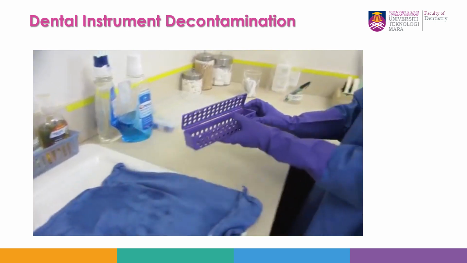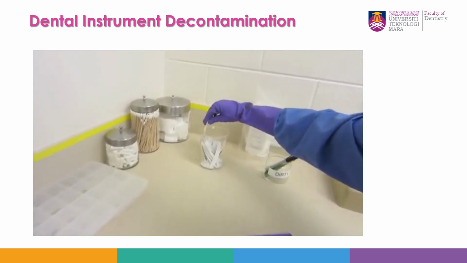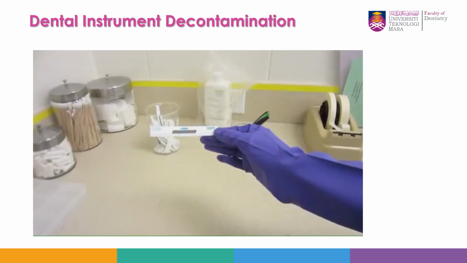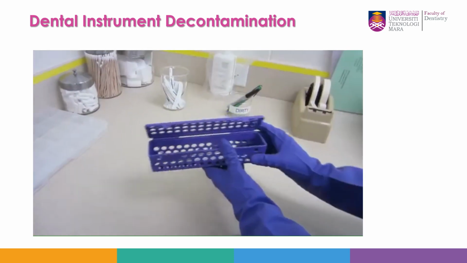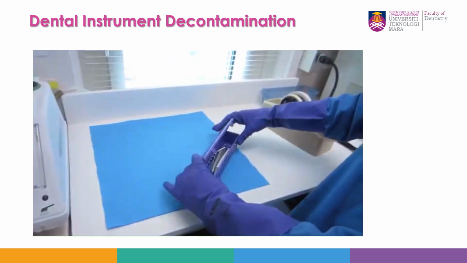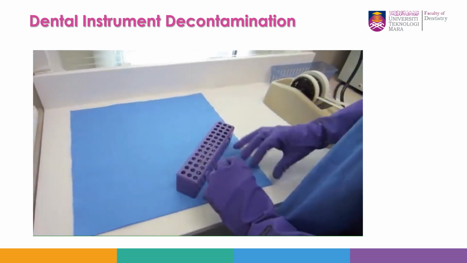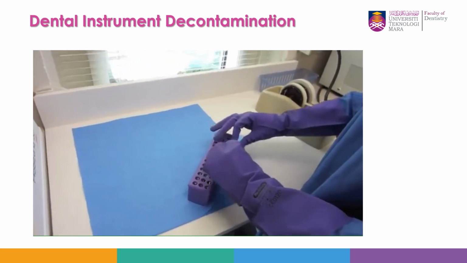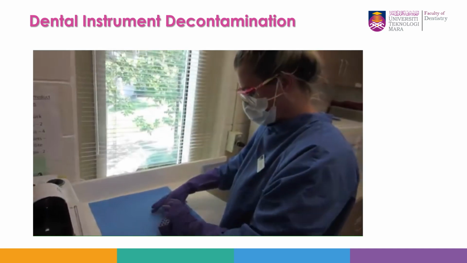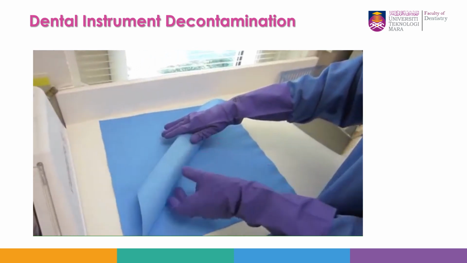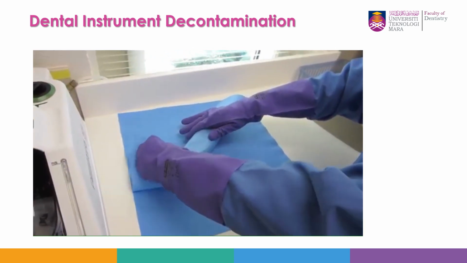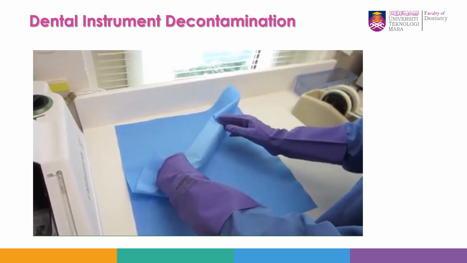Place sterilization strips in the cassette. Place instruments to be wrapped for autoclave. Make sure all sides of the cassette are covered.